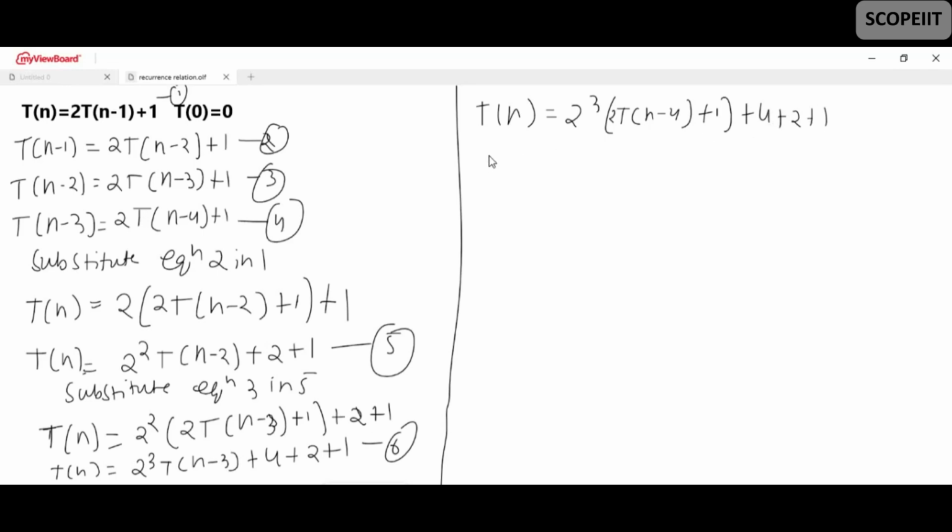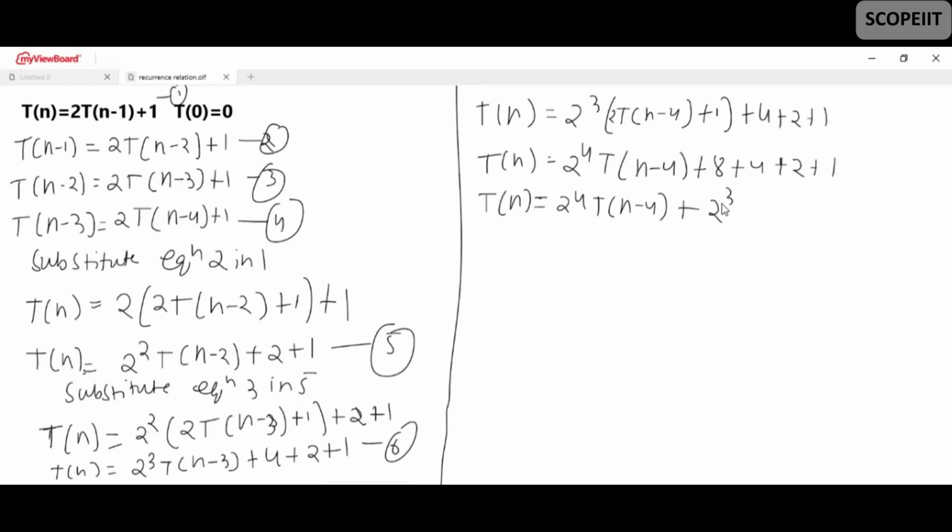So T(n) = 2^3 multiplied by 2, so it will become 2^4 T(n-4), and this plus 2^3 is 8, so it will become 8 plus 4 plus 2 plus 1. So it can be written as T(n) = 2^4 T(n-4) plus 8, which is 2^3, 4 is 2^2, 2 is 2^1, and 1 is 2^0. Like this it will happen.